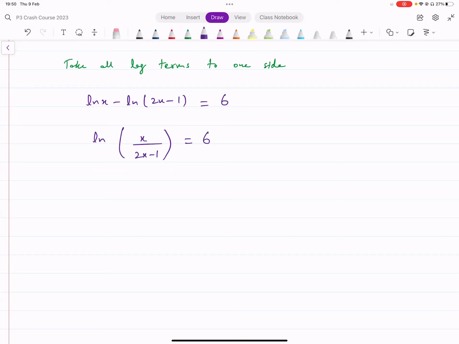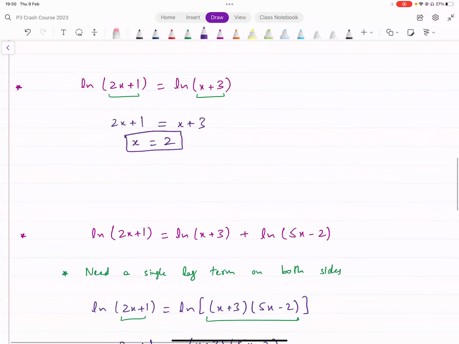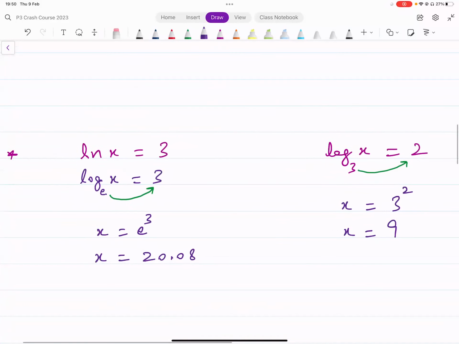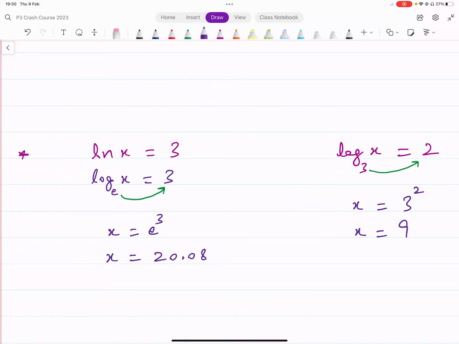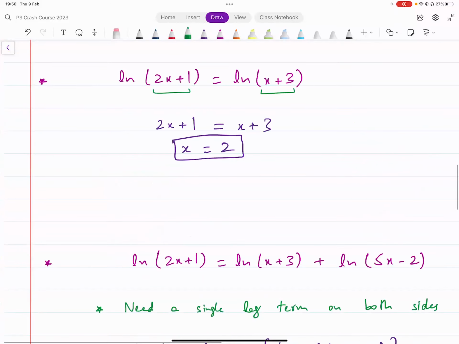And now this is exactly the form that we have seen before. You have a log on one side and a constant on the other side. E is the base. We have ln there, e is the base. You could take that base to the other side, and make it the base of the number you've got on the right side.